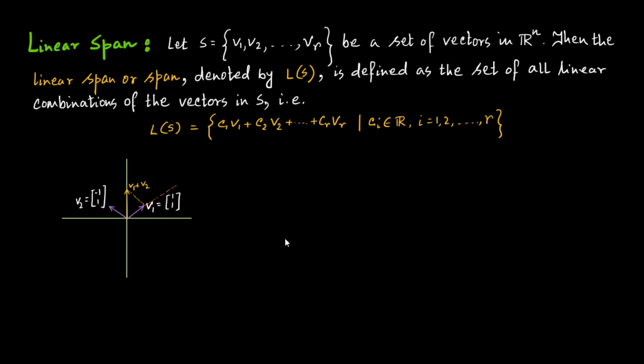Say this minus v2. Minus v2 means from this point I have to traverse in the opposite direction of v2 with the length equal to v2. So that means my vector will look like this, 2 into v1 plus minus 1 into v2. So this is a linear combination where c1 is equal to 2 and c2 is equal to minus 1.